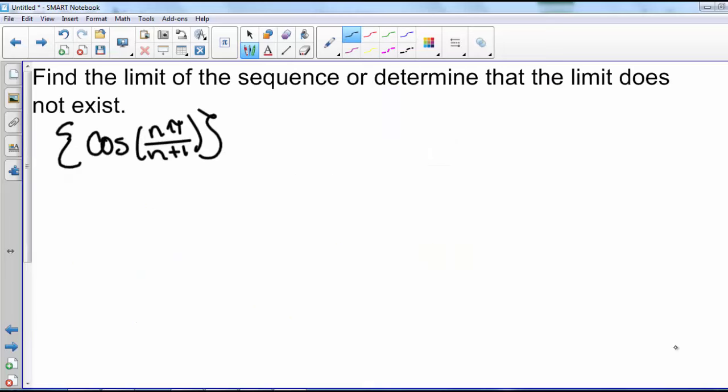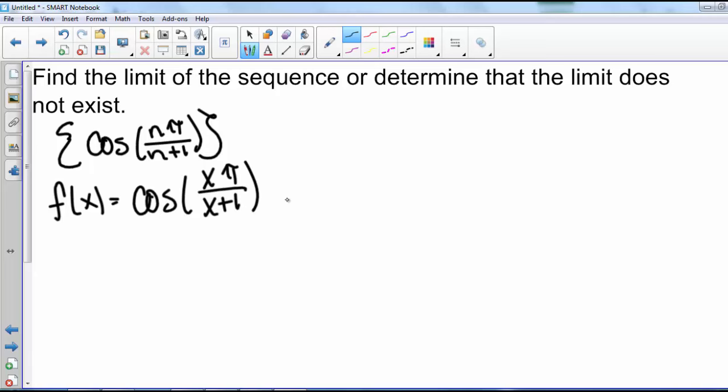Find the limit of the sequence, or determine the limit does not exist, for the sequence cosine of n pi divided by n plus 1. So we're going to let our function f of x be cosine of x pi over x plus 1.